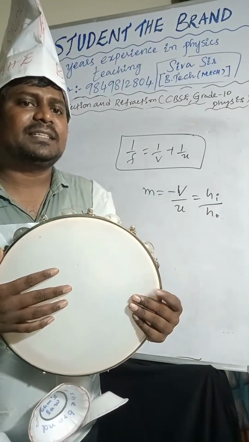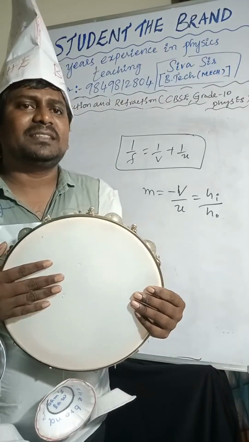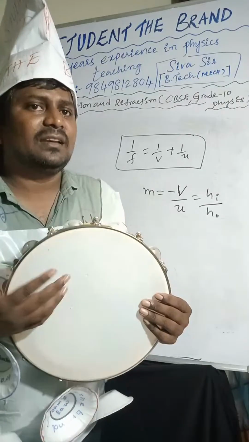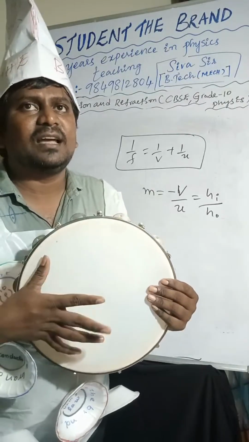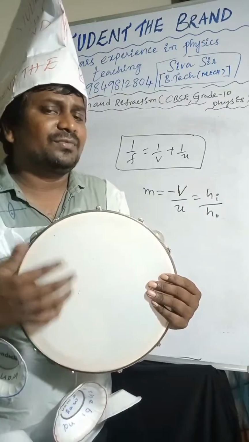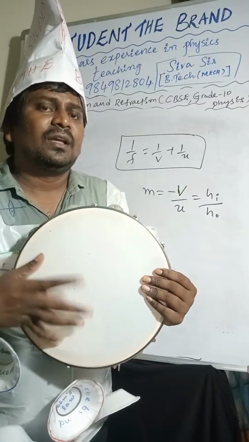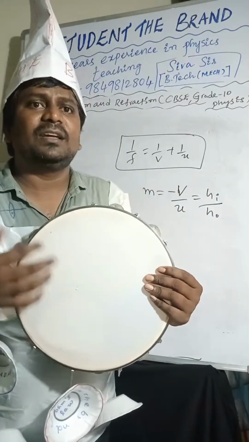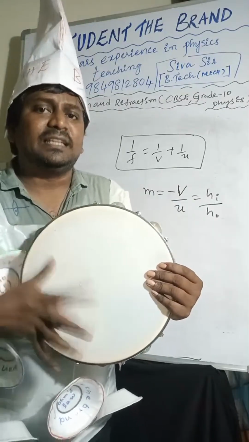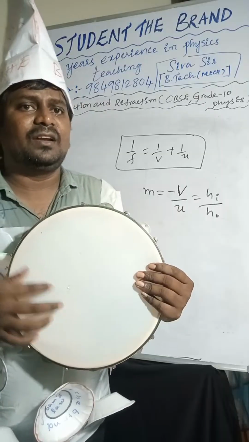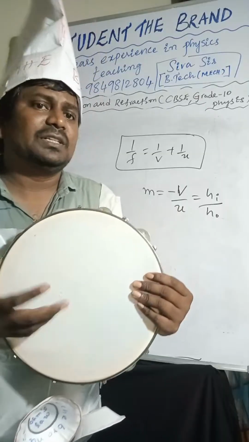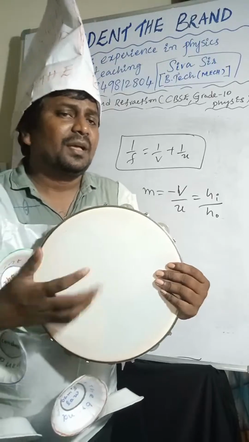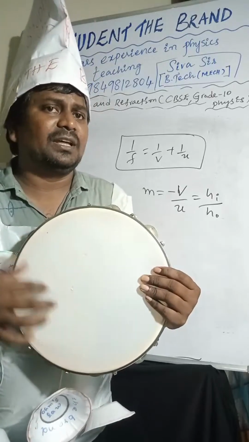New Cartesian sign convention. All distances measured from the pole. Distances positive along the incident rays. Distances negative opposite to incident rays. Distances positive above the principal axis.